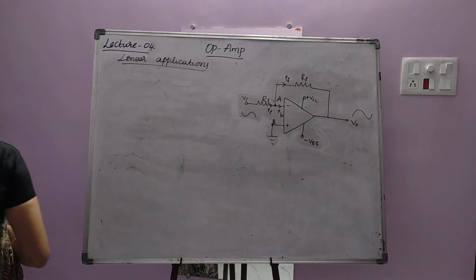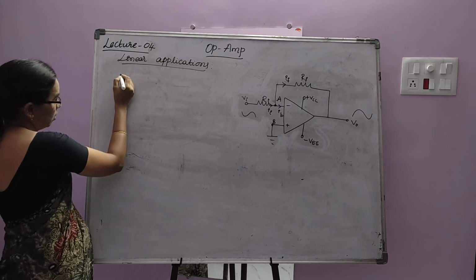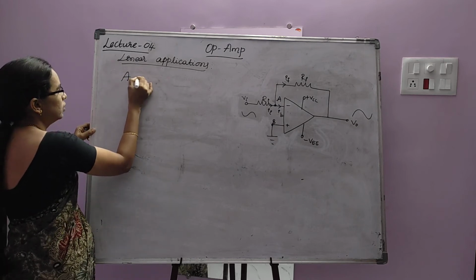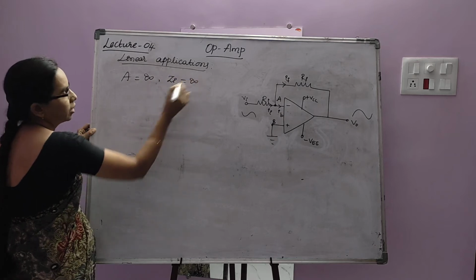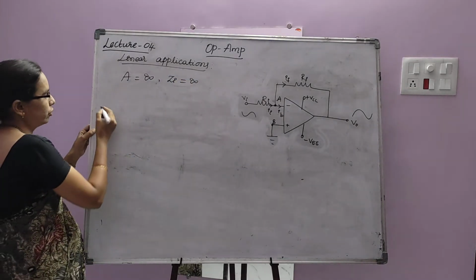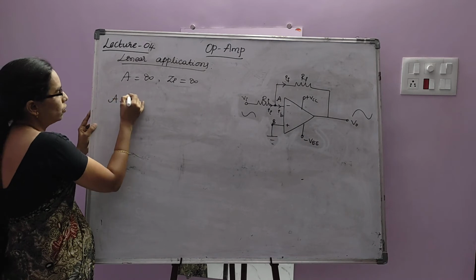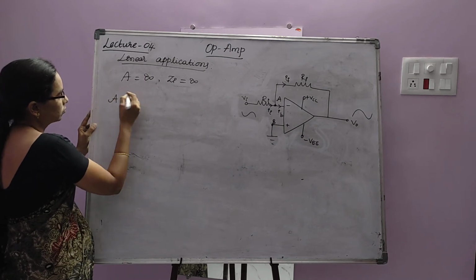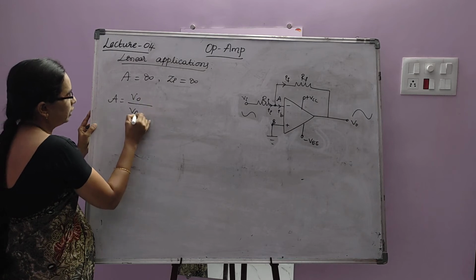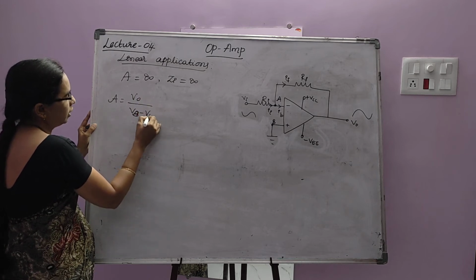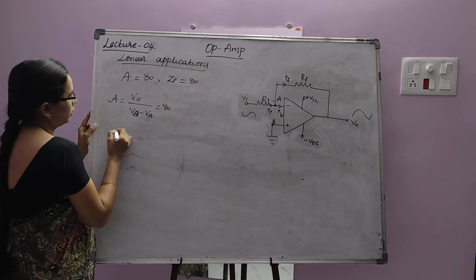As we know, the open loop gain of an op-amp is equal to infinity, and also the input impedance is infinity. Therefore, A is equal to V0 divided by VB minus VA, which is equal to infinity.